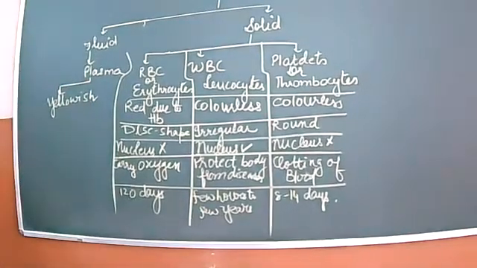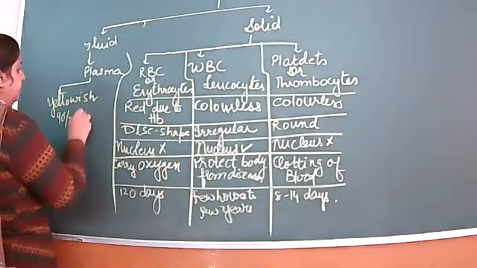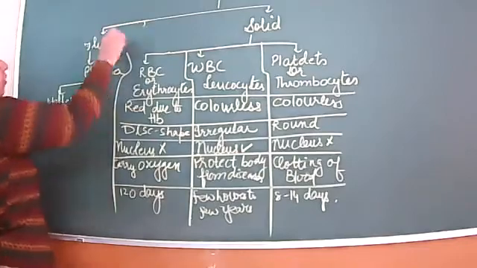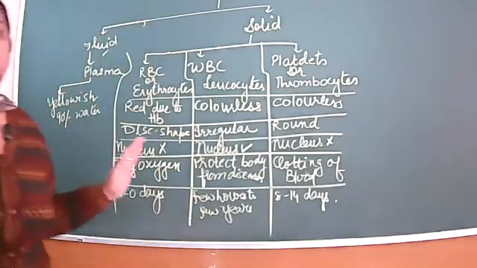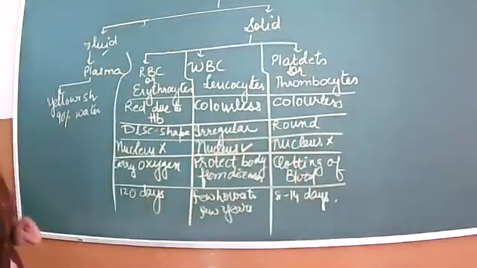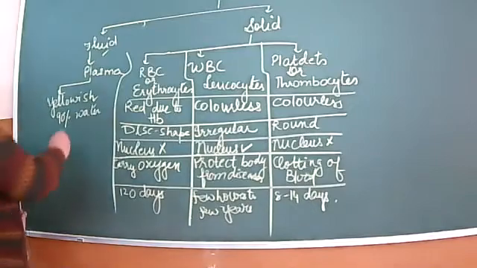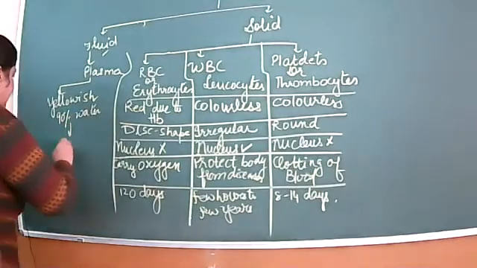Right. It is yellowish in color and contains 90% water. तभी तो ये फ्लूइड फॉर्म में है, क्योंकि मैक्सिमम अमाउंट में वाटर होता है. Right. Then the function of plasma is it carries water and waste materials.